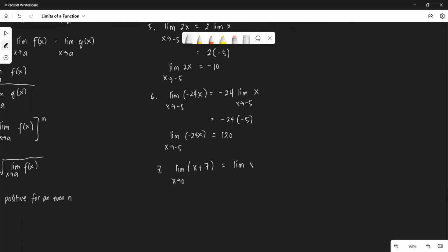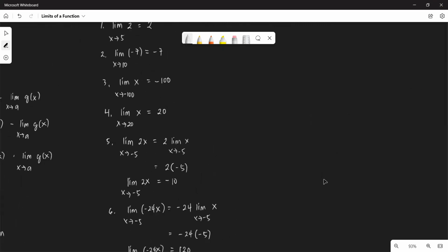So get the limit first of x as x approaches 0, and add it to the limit of 7 as x approaches 0. Limit of x as x approaches 0, according to property number 2, is 0. And then according to property number 1, 7 is a constant, so limit of 7 is 7. So we get 7 for the limit of x plus 7 as x approaches 0.